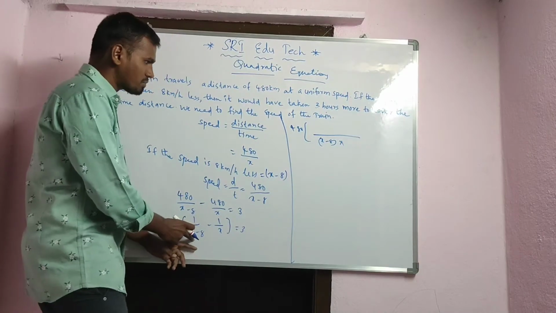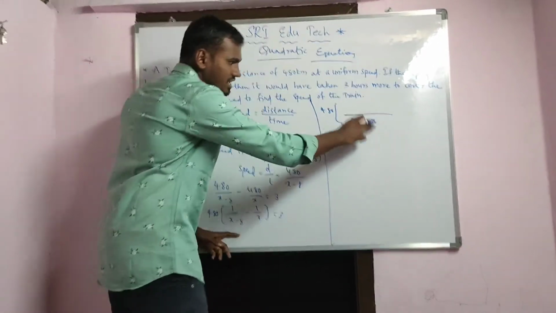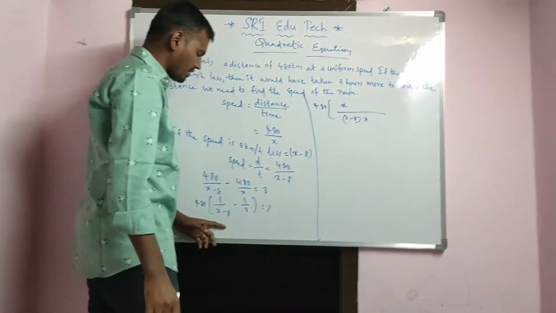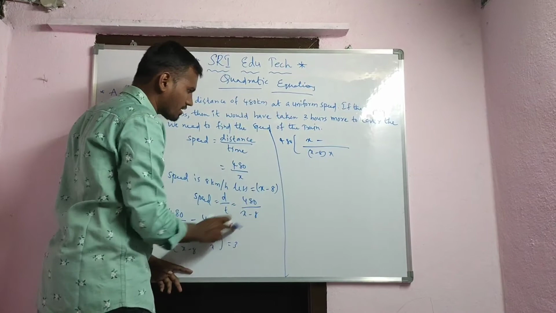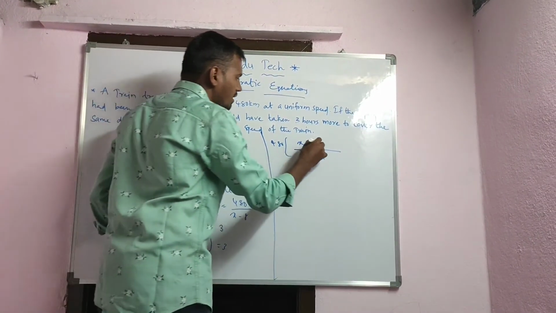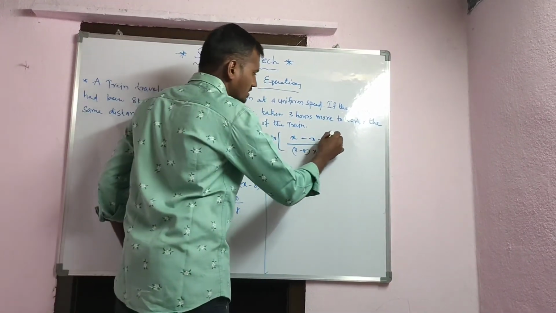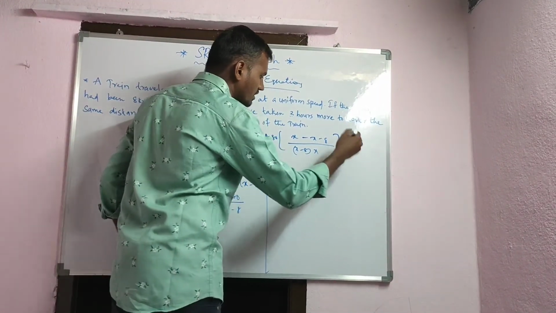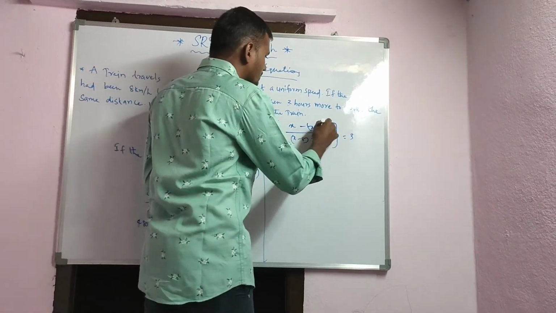See, x minus 8 gets cancelled, remaining 1 into x. Here x gets cancelled, remaining x minus 8 into 1, which is x minus 8, is equal to 3.